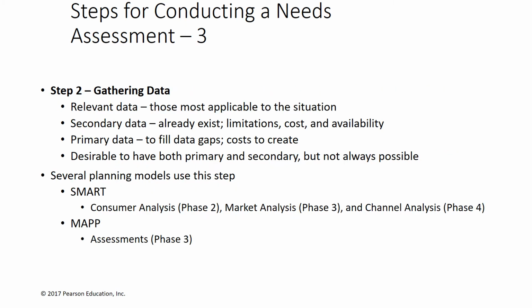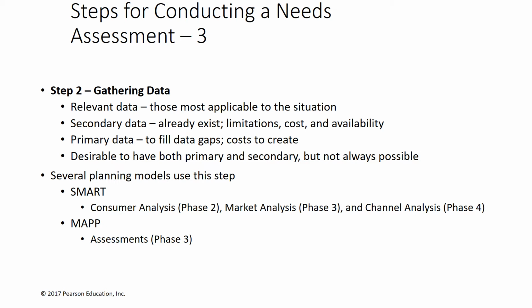Okay, gathering data. Now we're thinking, I know what data I need. How am I going to get it? With relevant data, if there's an existing data set, you want to make sure that you're collecting or accessing data that's relevant to your priority population.